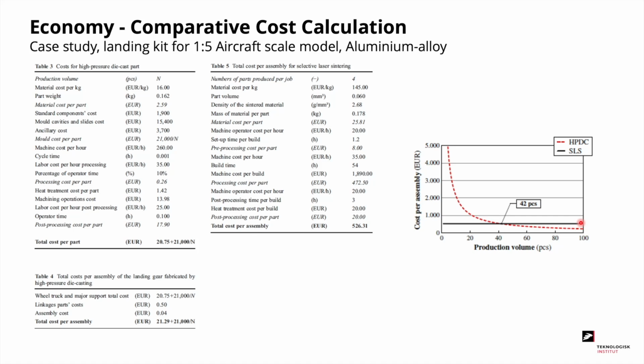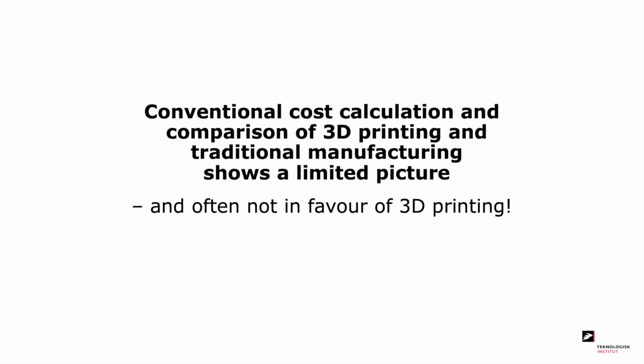However, this method only gives you a limited picture of the situation when you consider to use additive manufacturing. Conventional cost calculation and comparison of 3D printing and traditional manufacturing shows only a limited picture and often not in favor of 3D printing. Why is it then that people choose to produce using additive manufacturing?